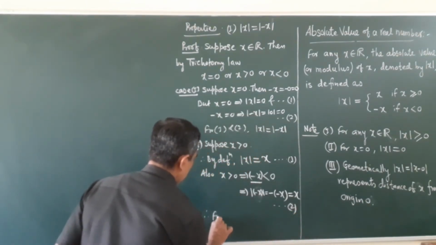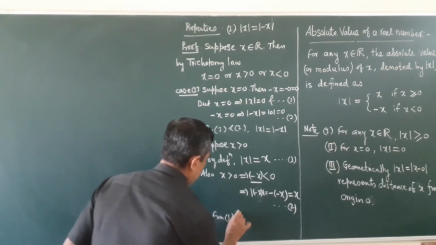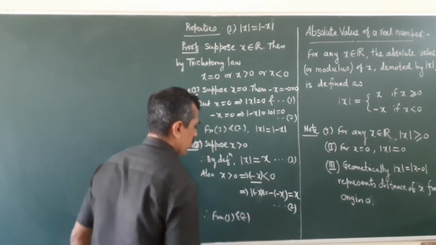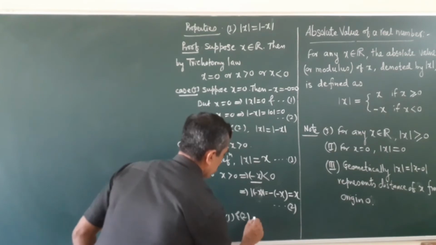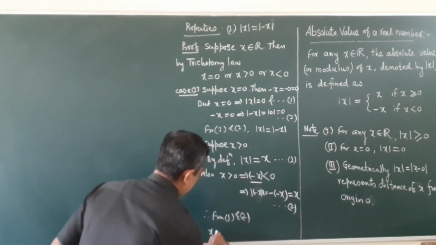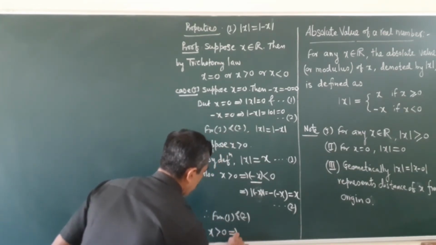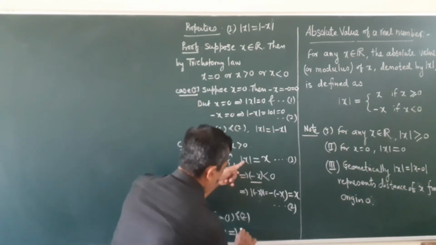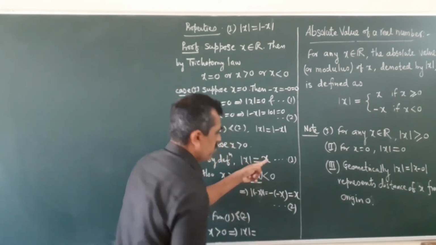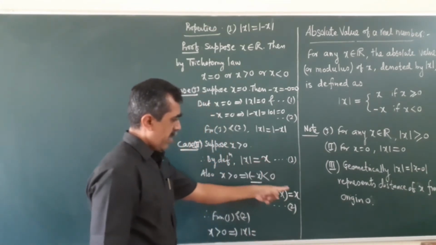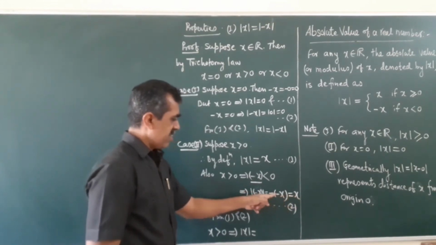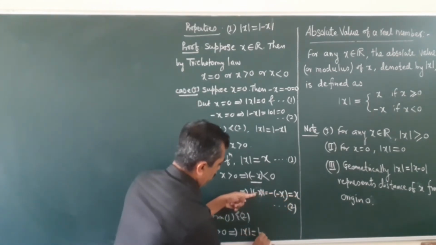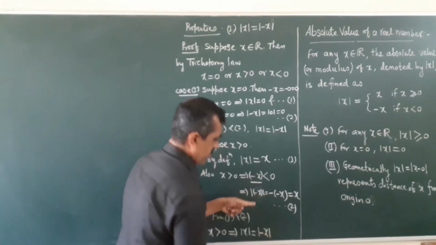Therefore, from 1 and 2, x greater than 0 implies mod x is x from 1, and x is nothing but mod of minus x.